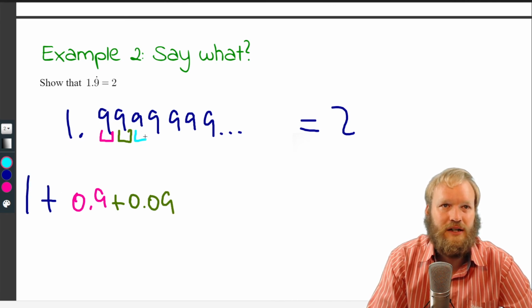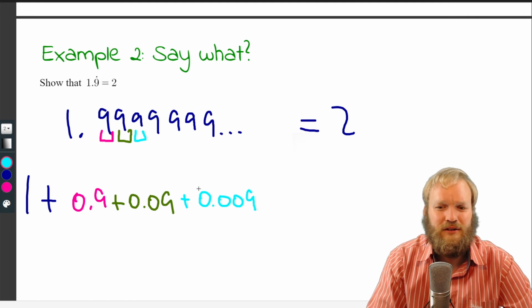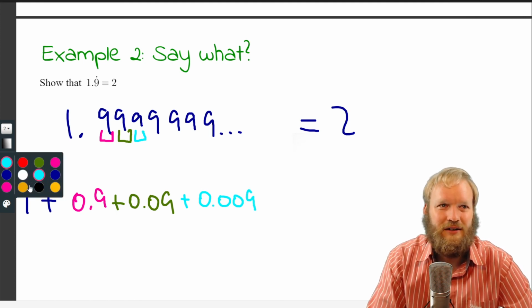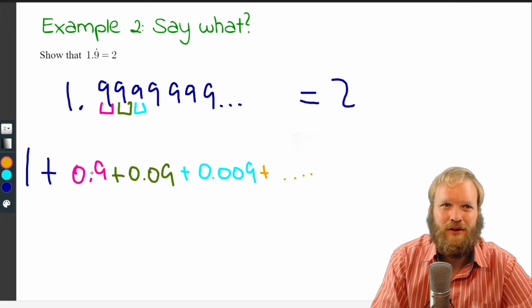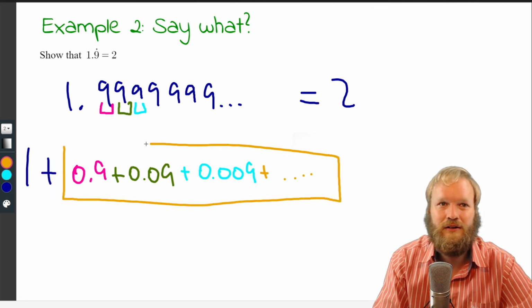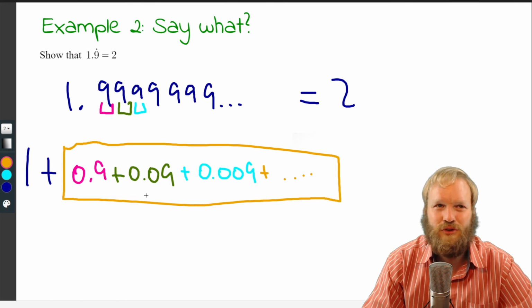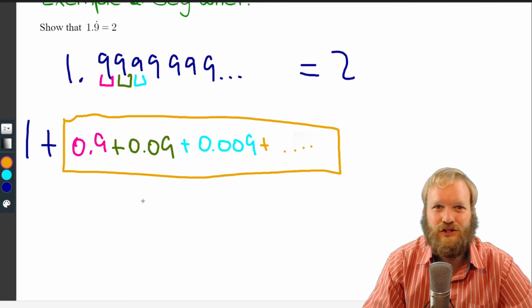And then this 9 here is 0,009. You see there's a bit of a pattern here that we're going to kind of keep going along with this forever and ever. So with a bit of luck, this whole thing here is some sort of geometric progression.